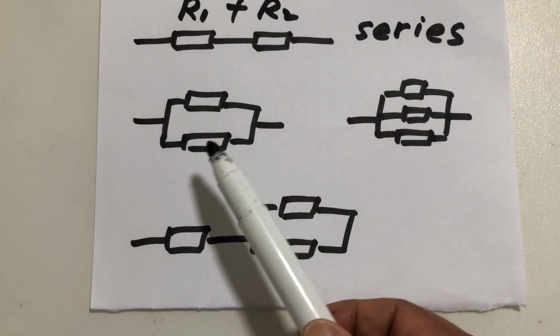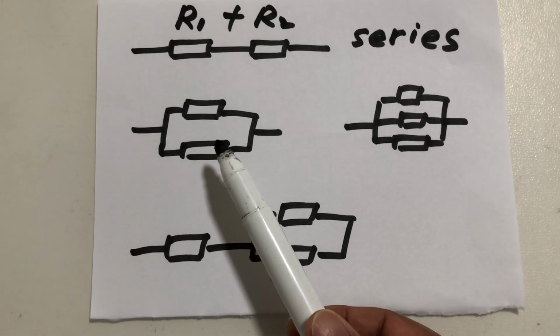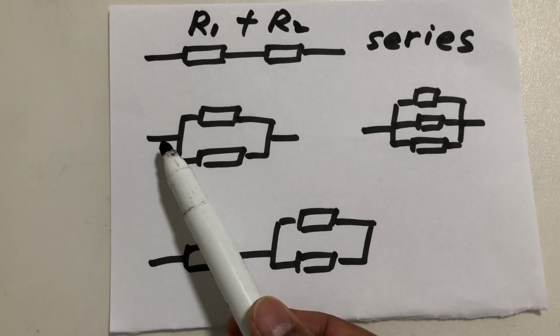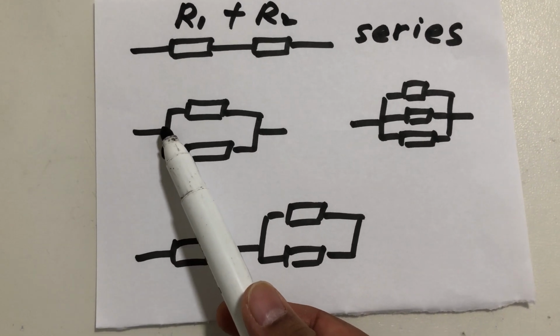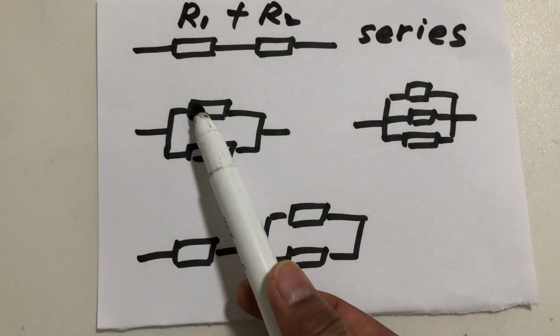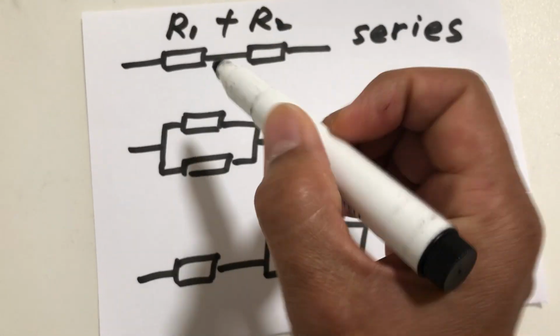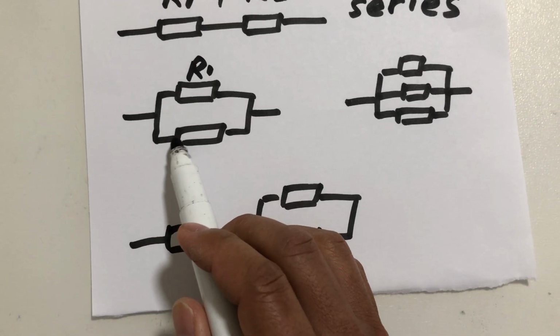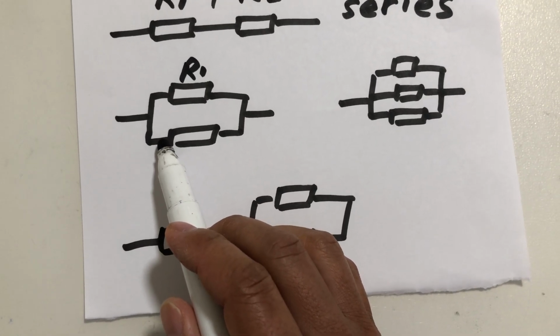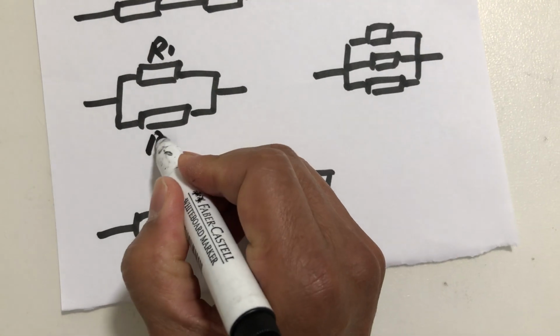The difficulty is to calculate parallel. So what is parallel? For example, this is a line, the entry point. The entry point is linked to one resistor, R1, and the entry point also goes to the starting point of R2.